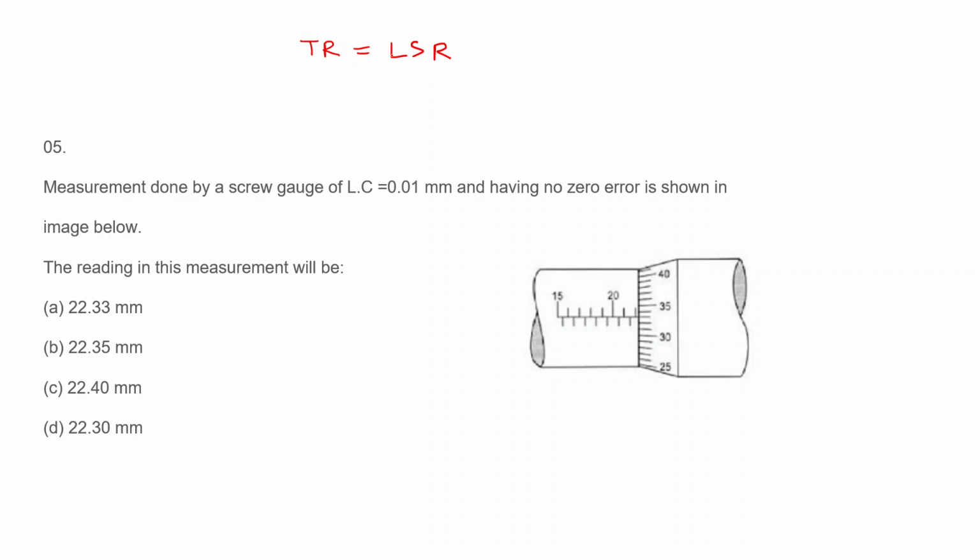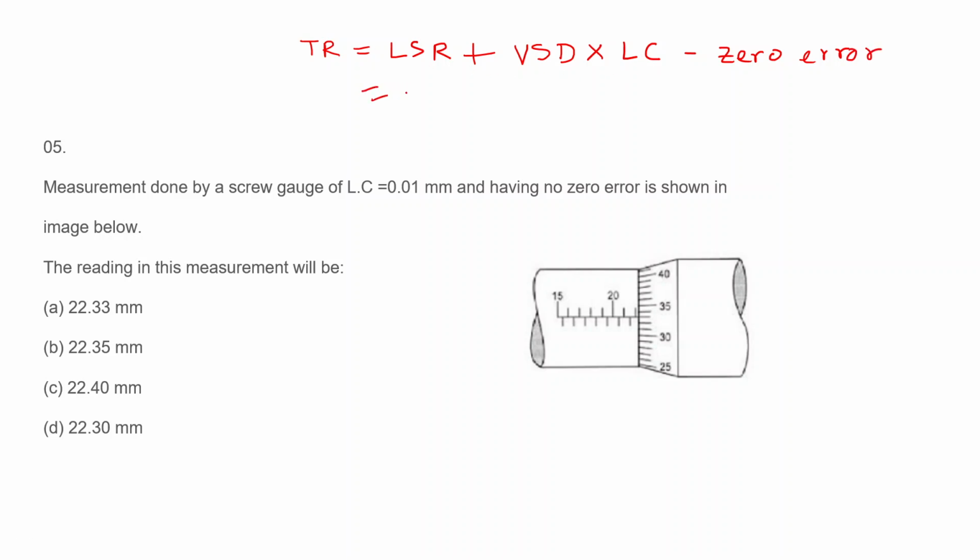Here in screw gauge it's called linear scale because it's linear, and this is circular. So the total reading formula becomes linear scale reading plus vernier scale divisions times the least count, minus the zero error. Again, it doesn't have zero error, so it's okay, but otherwise this is the formula.